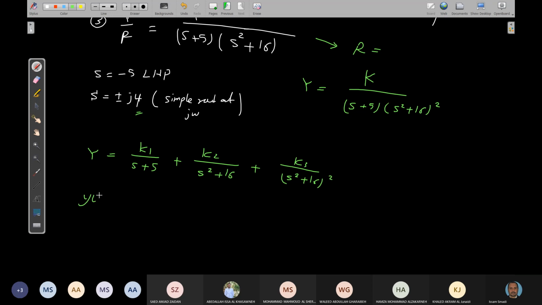Now y of t equals what here? The first one, y of t of this one is k1 times e to the power of minus 5t. So the first one is an exponentially stable system. This one is k1 exponential minus 5t plus, what about the second one?